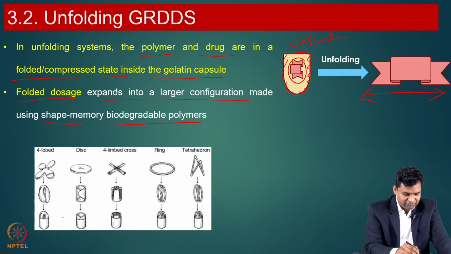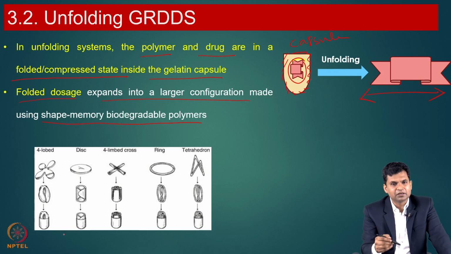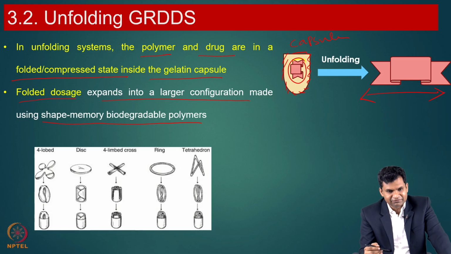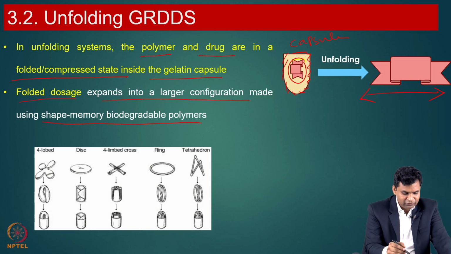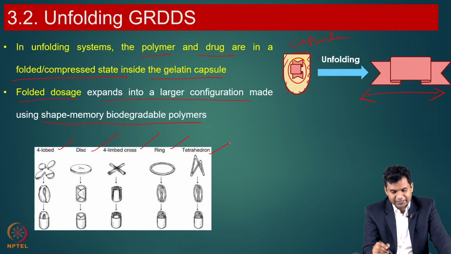Now, these are the various types of unfolding gastroretentive drug delivery systems. With this we can make 4 lobe type GRDDS, disc and limbed cross, ring type, and tetrahedron type.